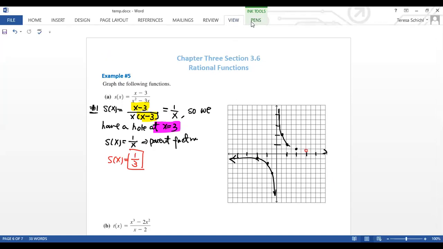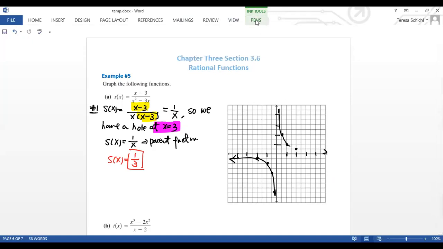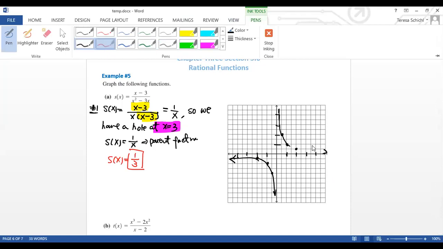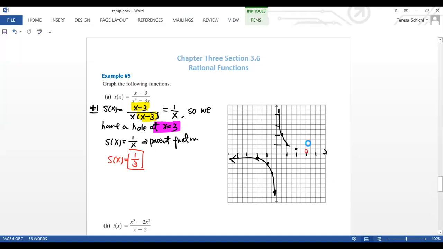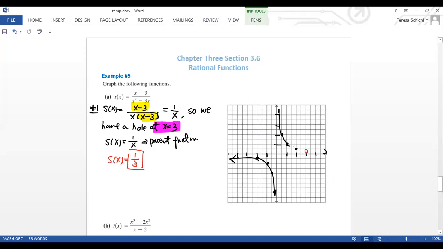So that's what your graph is going to look like. It looks like the parent function, but at x equal to 3, I'm going to have a hole here. That's what I mean by the hole.